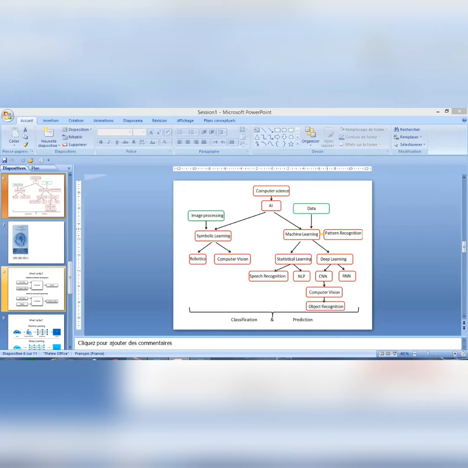So AI actually contains other subfields which are related to AI. So we will have machine learning, symbolic learning, statistical learning, deep learning, computer vision, robotics, and so on.